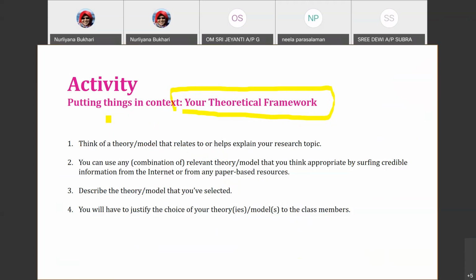See here, think of a theory, a model, a framework that relates to or helps explain your research topic. You can use any combination of relevant theory or model. You can use one, you can use a combination. This one in Malaysia is also so funny. It's not a criticism, it's just an opinion.